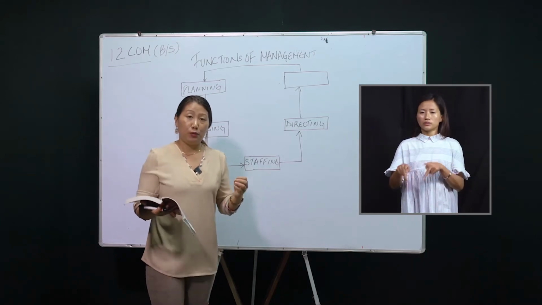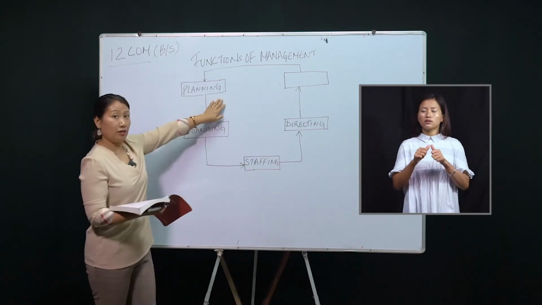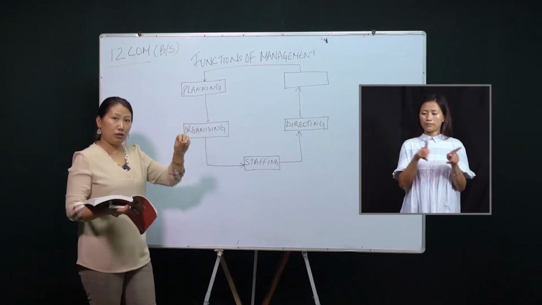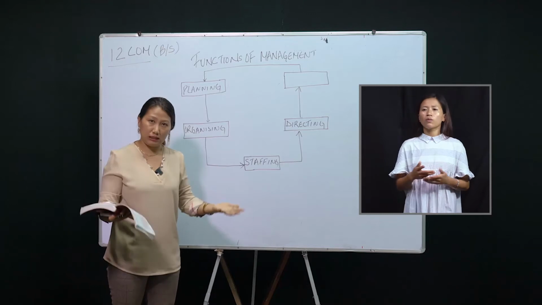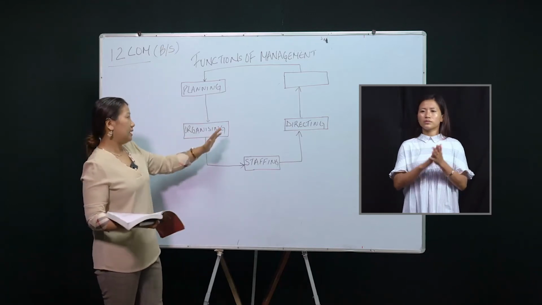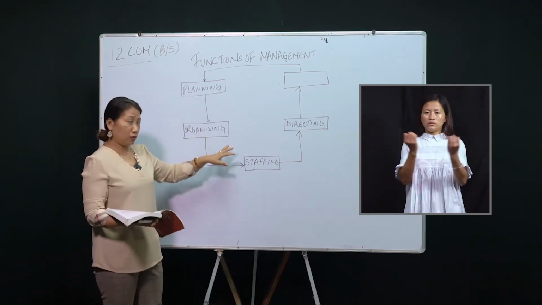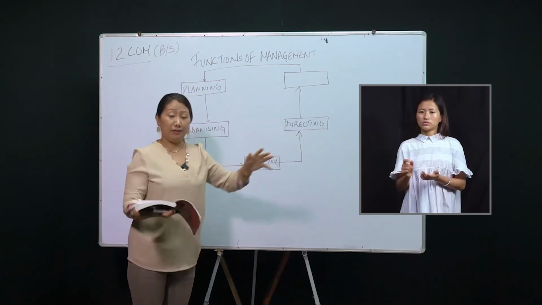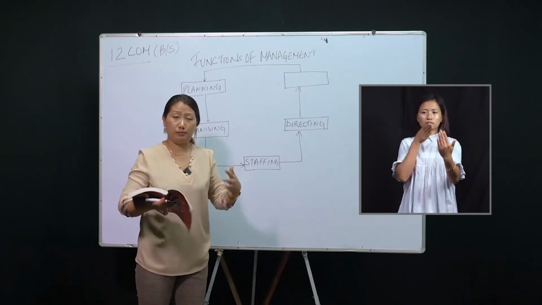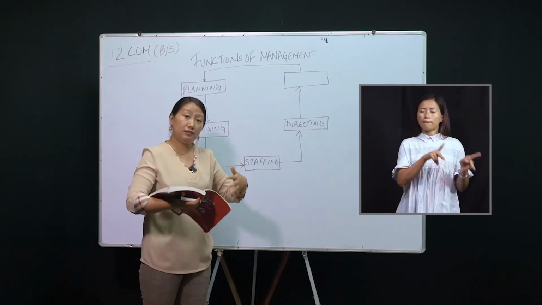Now see, the first function was planning, isn't it? Planning means we will do this, we will do that. We set long-term plans and short-term plans. Then organizing, then staffing, putting the right person in the right job. Then directing. Directing means actual action takes place. The plan is actually converted into action.